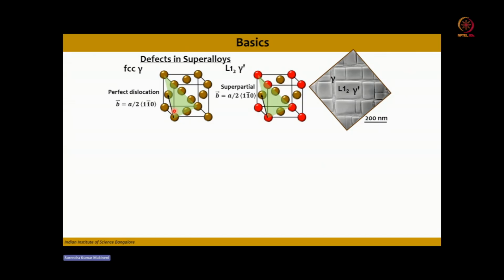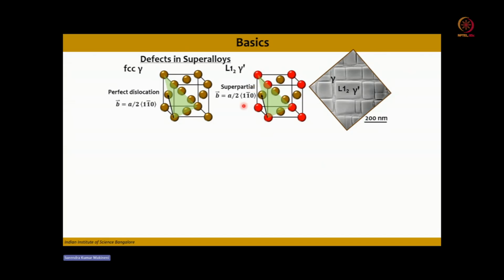This is the smallest vector where one atom can be transported to another atom. This is called half 1 bar 1 bar 0. But in the case of an ordered lattice, this is not the smallest vector. The smallest vector is from this position to another lattice position of 0, 0, 0. So it means that <1 1bar 0> is the smallest lattice vector for the L12 gamma prime.